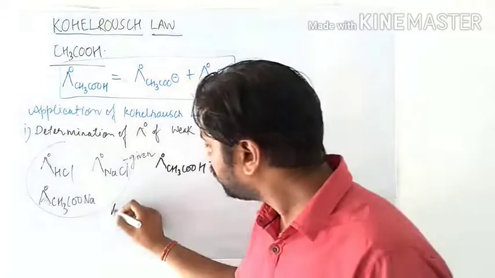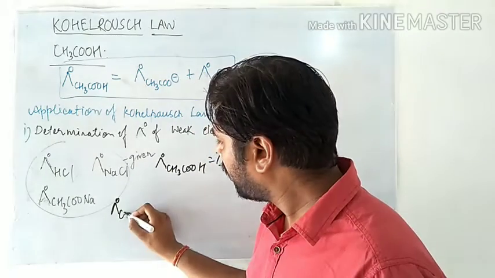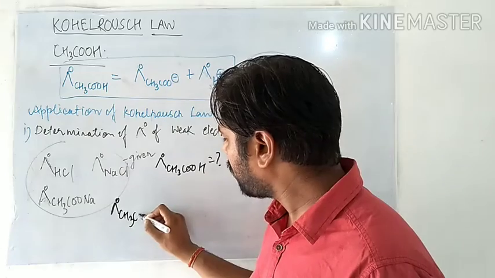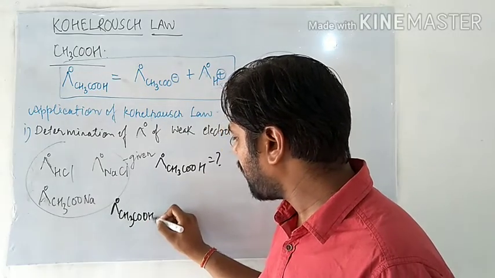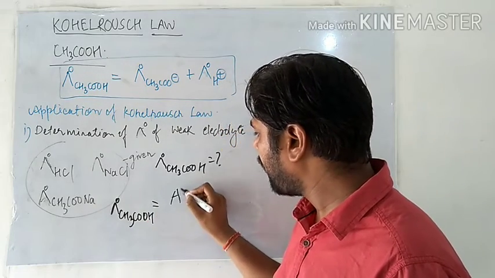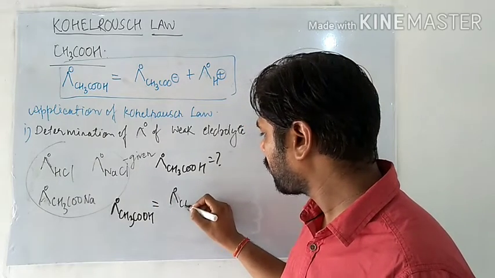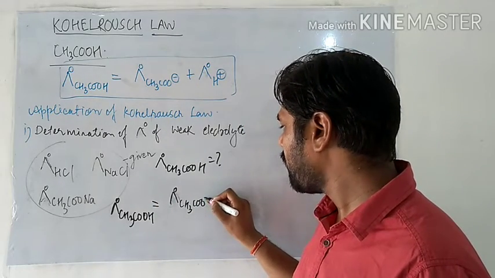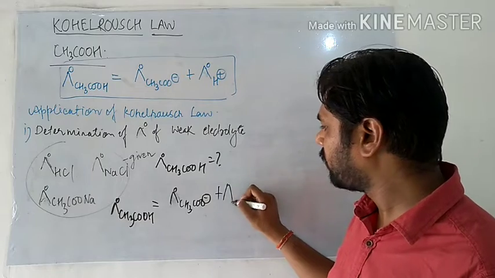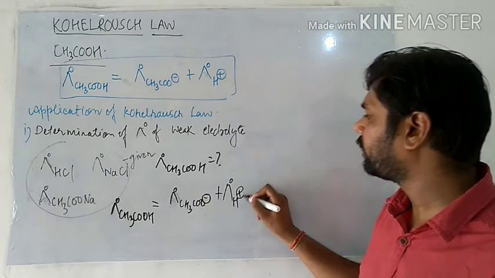Since we know that molar conductance of acetic acid at infinite dilution will be like this: acetate ion plus molar conductance of H positive ion.